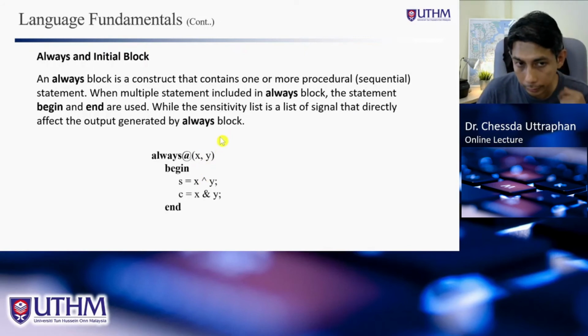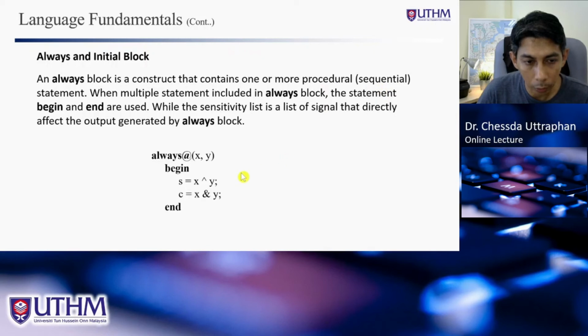It is one of the ways to describe a circuit in Verilog. Before that, we learned how to describe using gate instantiation. Now the always block is a very powerful method to generate the circuit, especially using the behavior of the circuit, and it is called procedural assignment or sequential assignment.